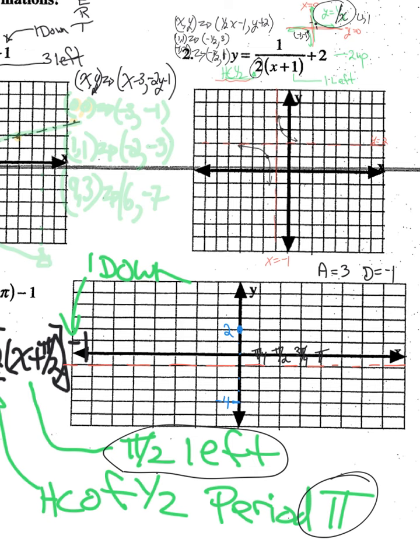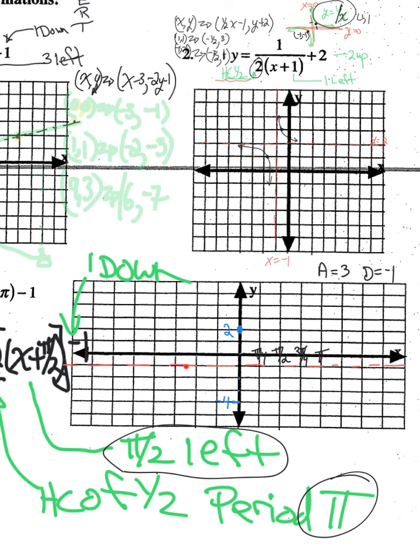So if I start at π/2 to the left, I would be starting at 1 π/4, 2 π/4, that's a π/2 to the left. Remember, sine starts on the central axis. Also remember, I asked you to graph a negative sign. A positive sign starts at the center and goes up to the top and then back to the center and down to the bottom.